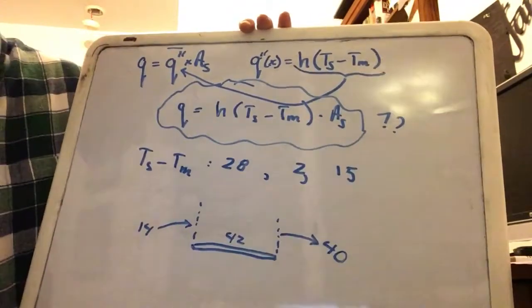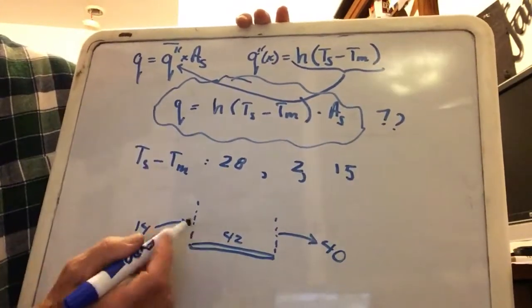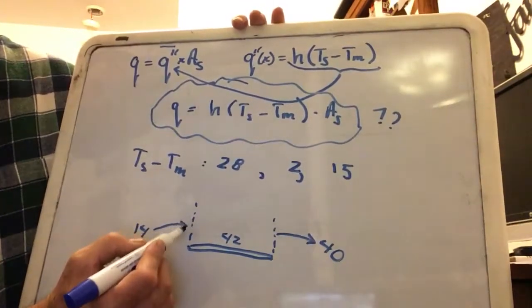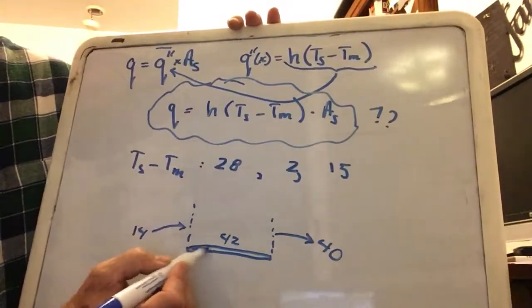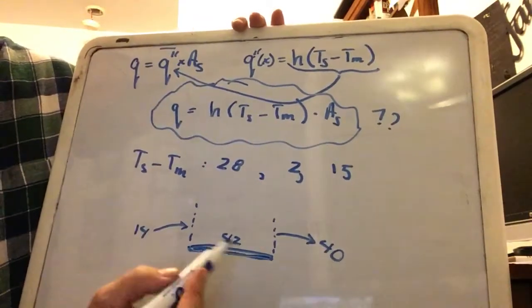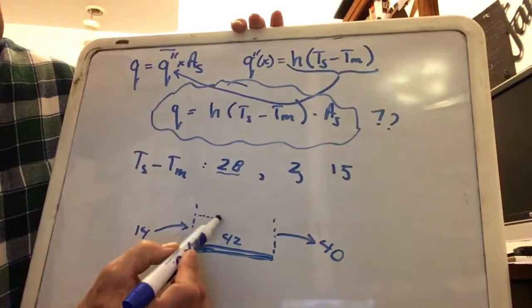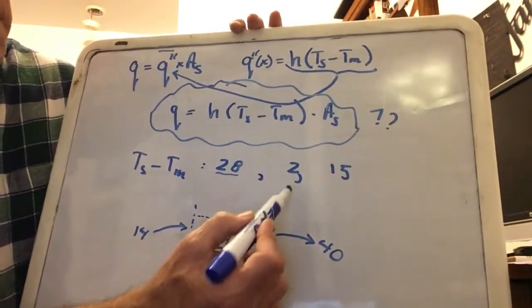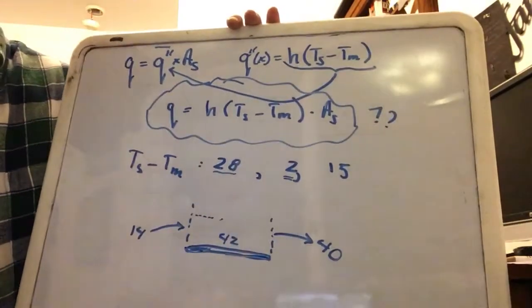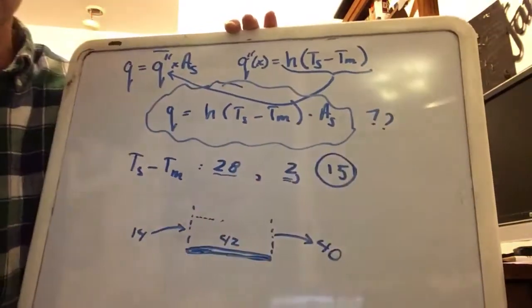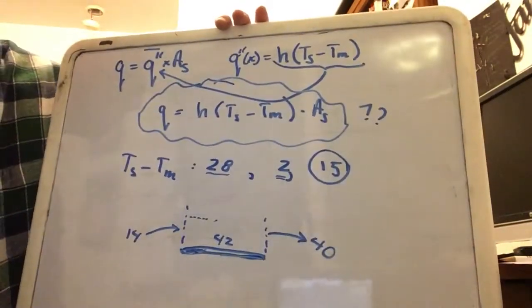The problem from what we saw earlier is that this 28 degree temperature difference here, 14 minus 42, doesn't last very long. So the temperature difference of 28 only lasts for a short section of the pipe, and the rest of the time the temperature difference is smaller. So 15 would be an overestimate of the average temperature difference.